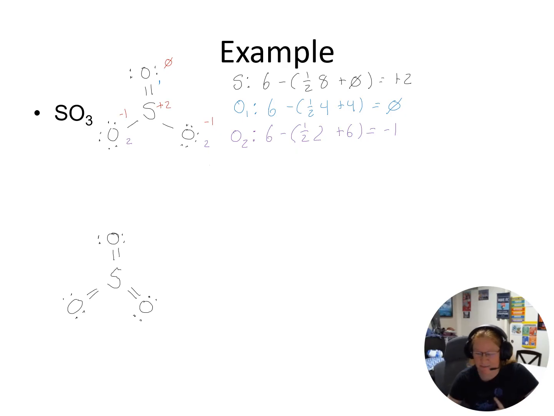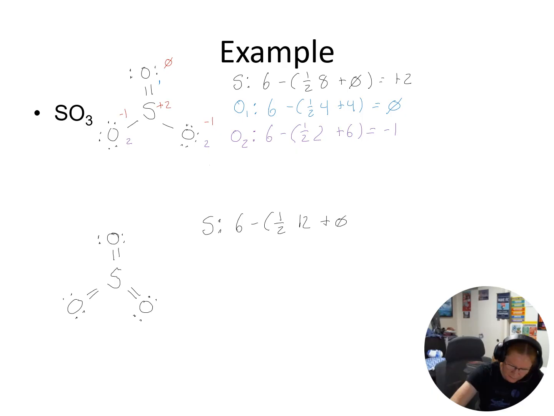Now let's check this based on our formal charges. My sulfur: 6 minus 1/2 of 12 plus 0 gives me 0. That's a happy formal charge.